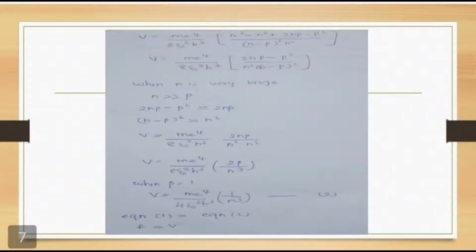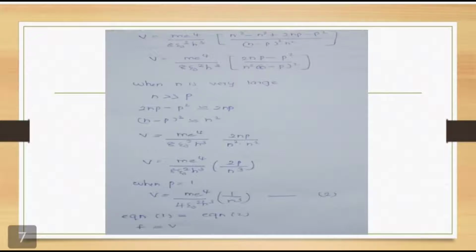When n is very large, 2np − p² is approximately equal to 2np, and (n−p)² is approximately equal to n². Then ν = me⁴/(8ε₀²h³) × 2np/(n² n²). Then ν = me⁴/(8ε₀²h³) × 2p/n³.